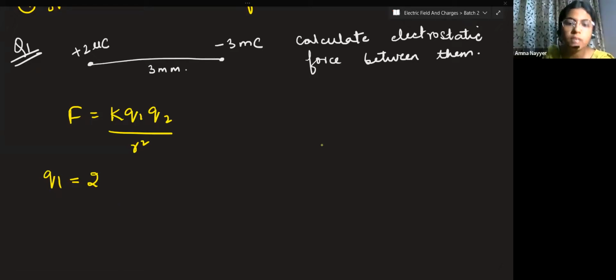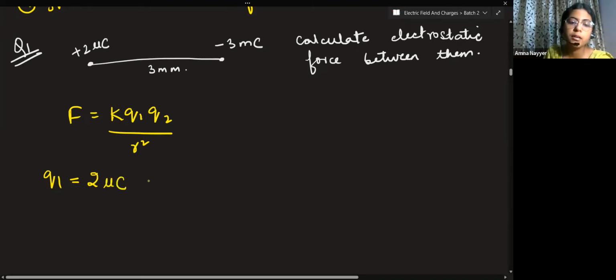Just try it yourself, otherwise we'll help you. See, 2 microcoulomb. 1 microcoulomb is 10 to the power minus 6. So Q1 becomes 2 into 10 to the power minus 6 coulomb. This is your first charge.